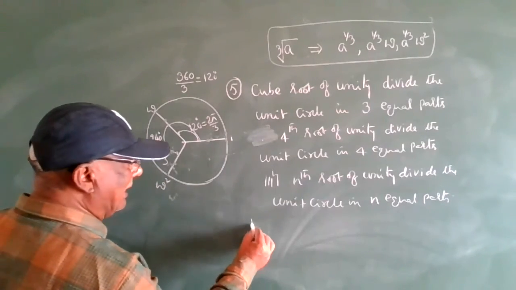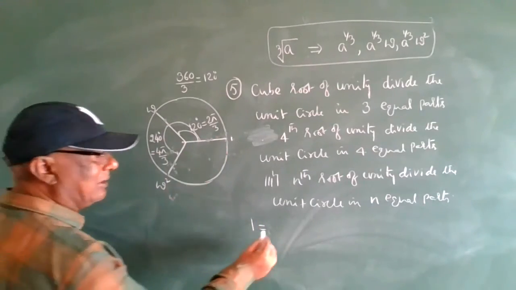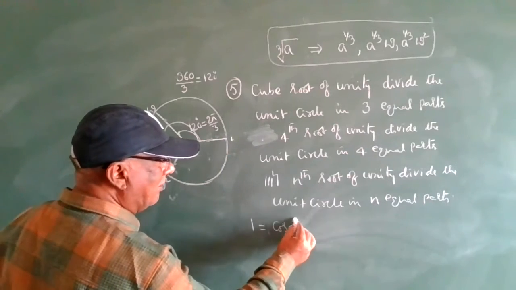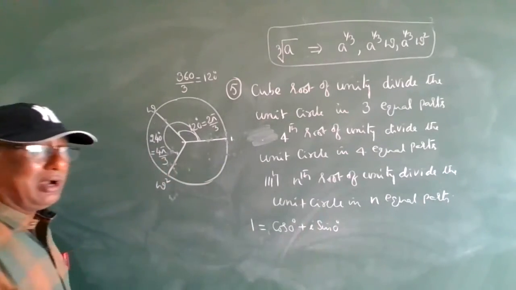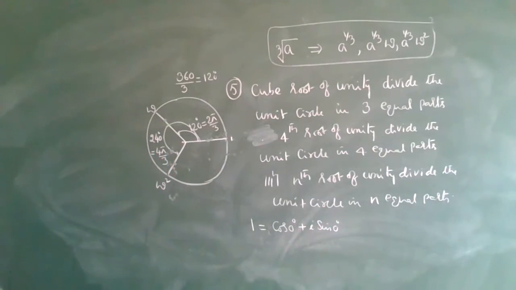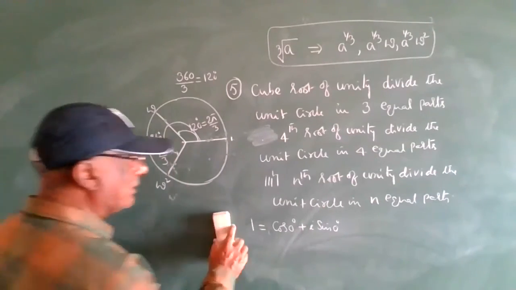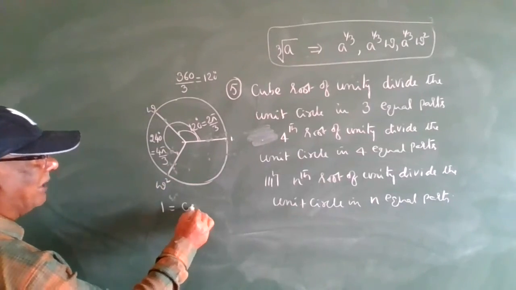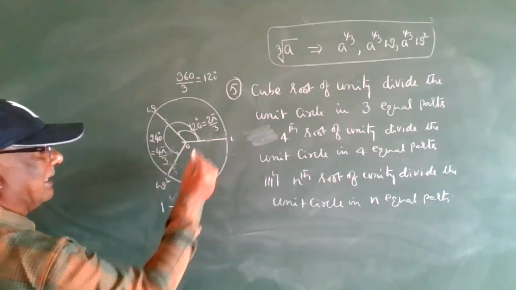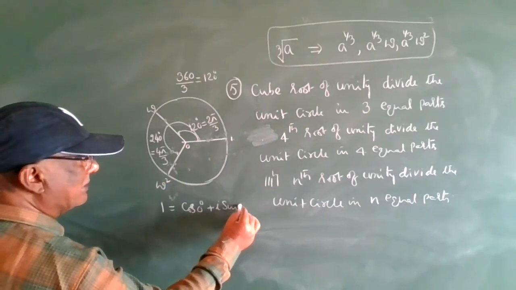Now, how can you write it? One is on the positive side of the x-axis, so in polar form it is cos 0 degrees plus i sin 0 degrees.